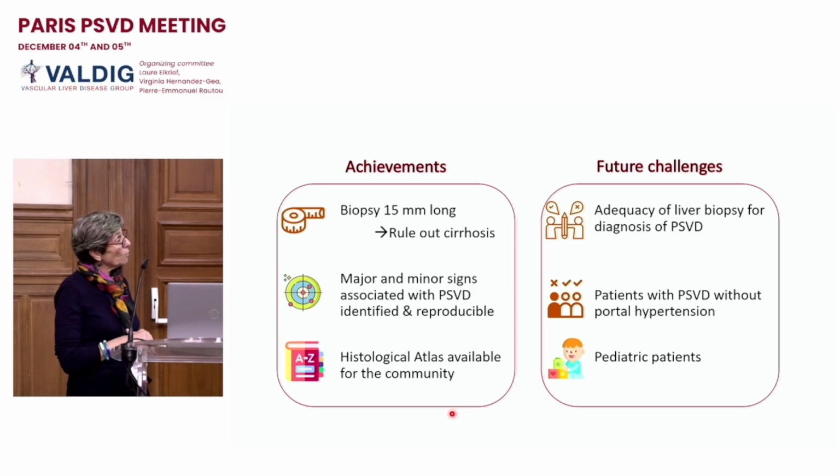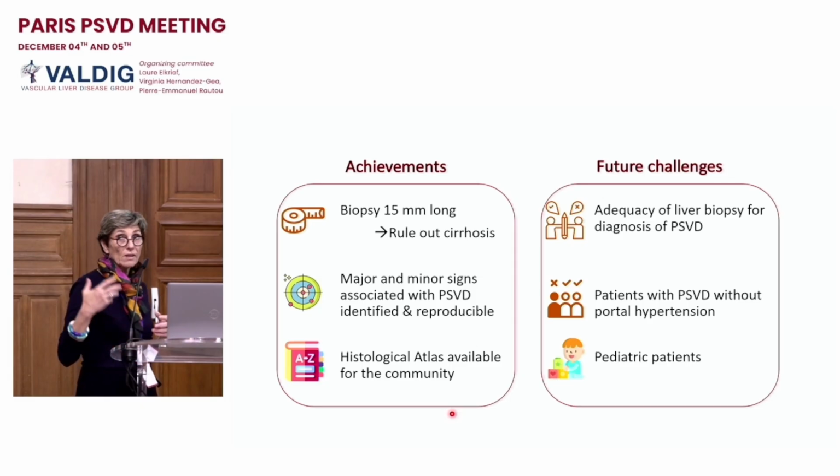For sure, we still have something to do. We have to evaluate and determine the adequacy of liver biopsy for the positive diagnosis of PSVD. We also have to evaluate the performance of the major and minor signs in a cohort of patients with PSVD but without portal hypertension.